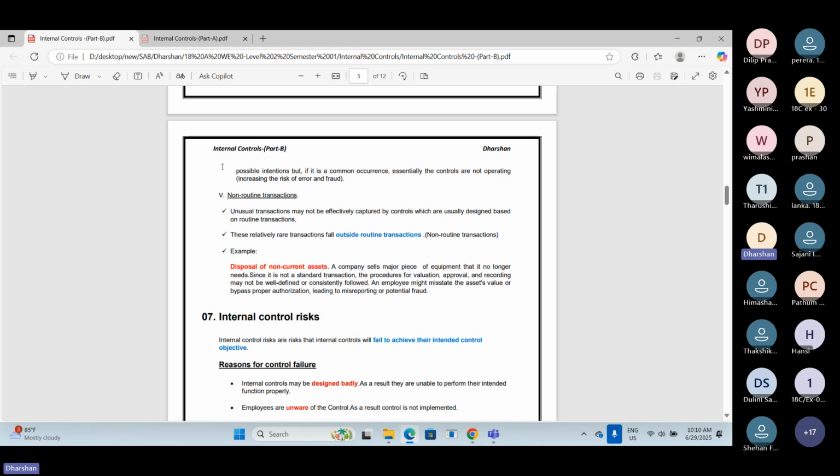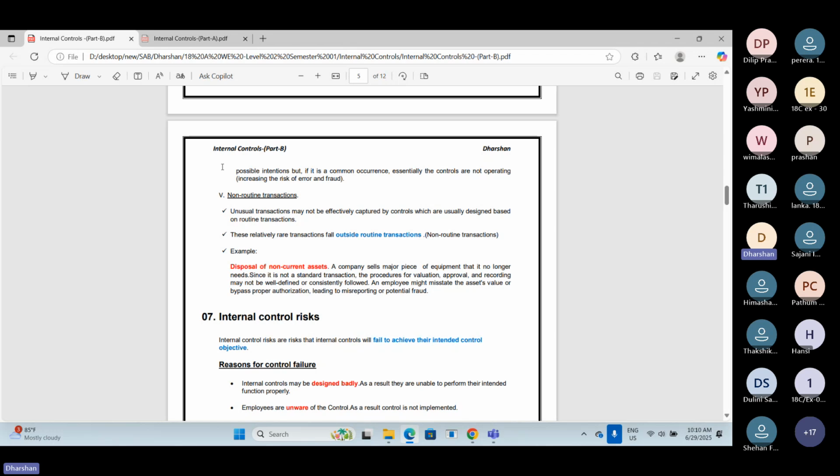But in certain situations, a company may sell its property, plant and equipment at a huge price. In such a situation, if they don't implement the controls, they may not get a proper price for that asset. That is also an internal control weakness.